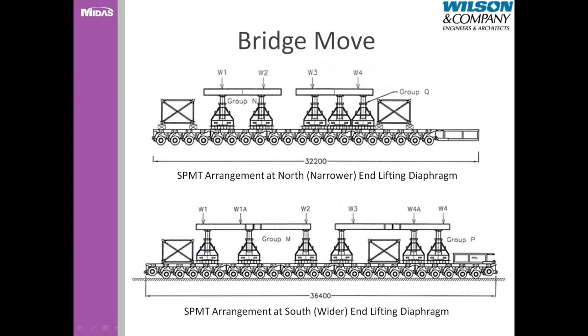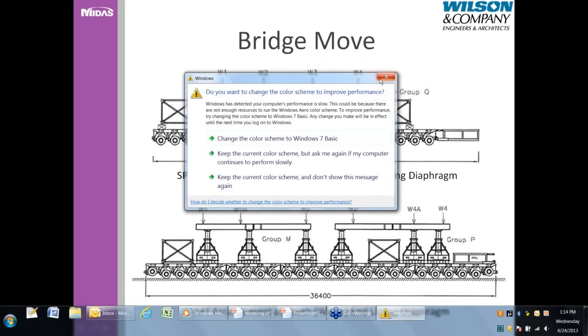Here's some detail about the bridge move itself. This is the equipment that will be used during the move. All these axles here represent the SPMT equipment. Each of these are mega jacks. These support these load spreading beams, which in turn support the bridge itself.